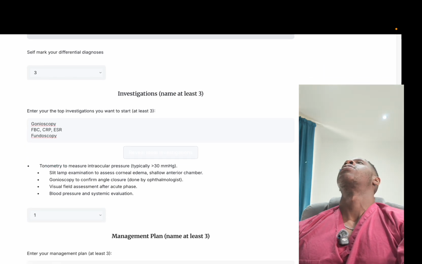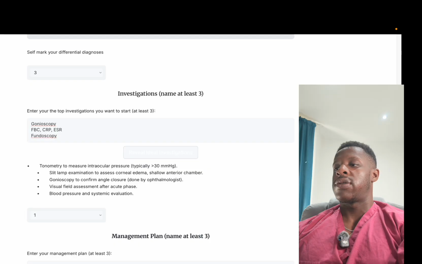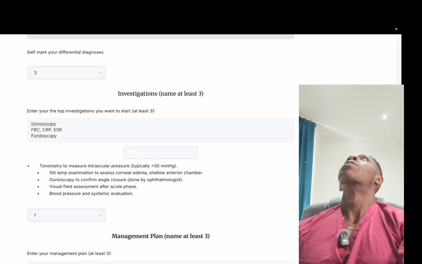Acute angle closure glaucoma. I believe you have to lie the person down. Then start them on things like acetazolamide, timolol, so a carbonic anhydrase inhibitor and a beta blocker.